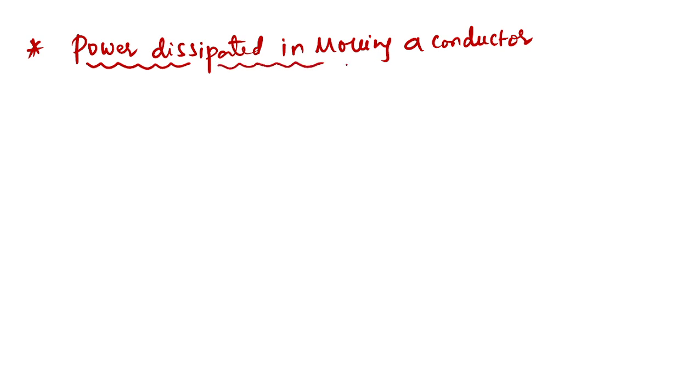Power dissipated in moving a conductor, right? So just now we are moving a conductor, right? So obviously power will be dissipated or not. So I'll tell you something here.